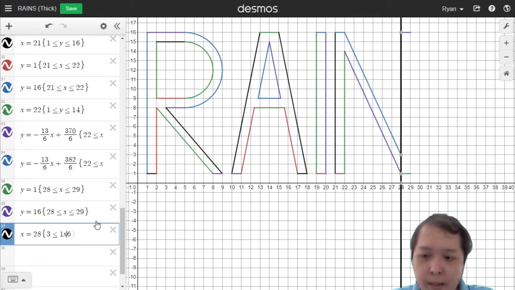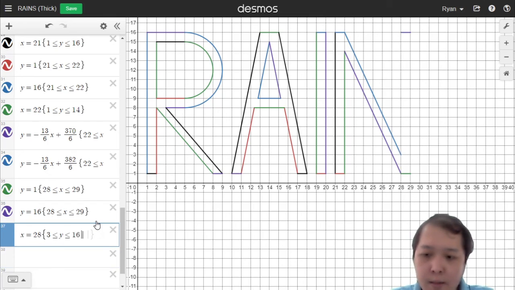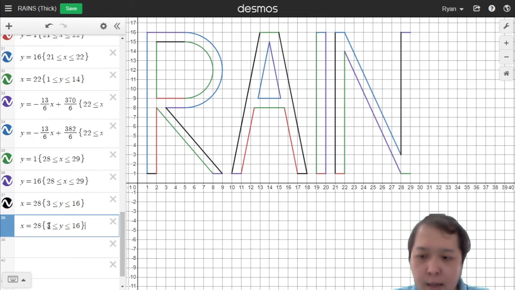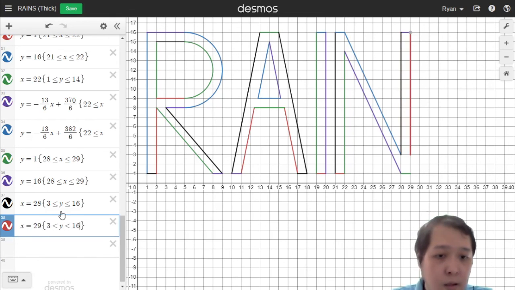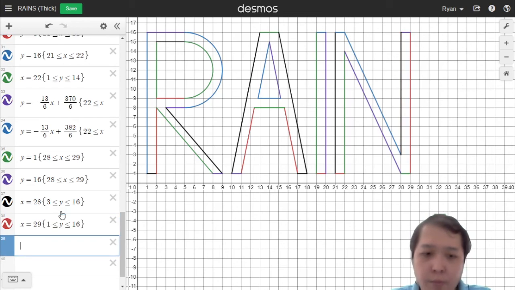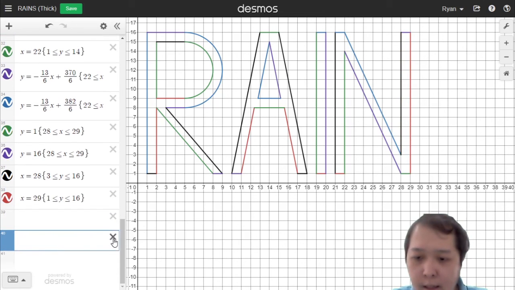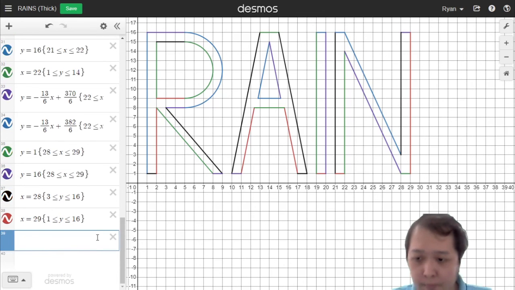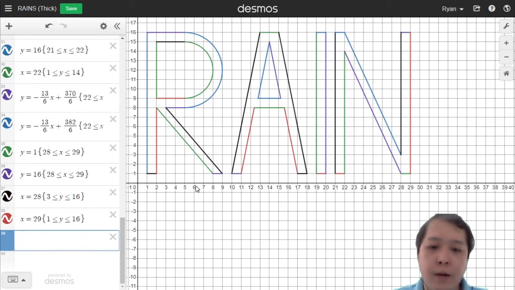Oops, I mean x first, y first. 16. Okay, and then the other part, 28, the interval from 1. We already have 38 equations so far. The last part, the letter S.